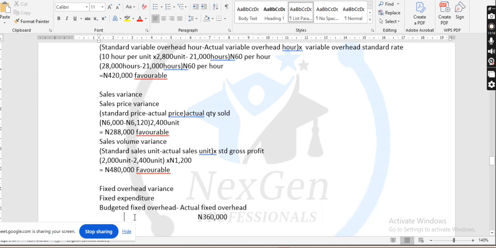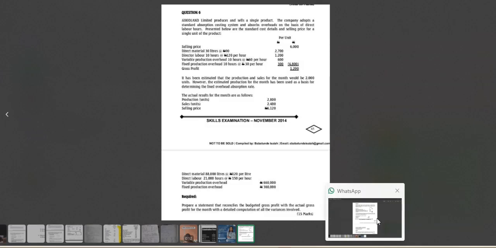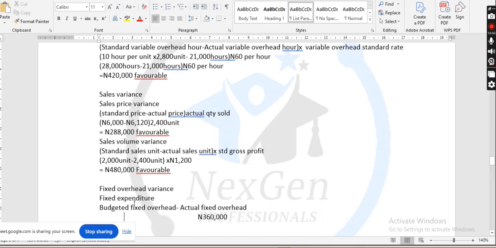Don't forget, you cannot compare projected and actual together. You cannot compare Pere and Tolulope. They must have something in common. Class, now, budgeted fixed overhead, is it given to us in this question? No. But the overhead absorption rate is given to us, is that not so?